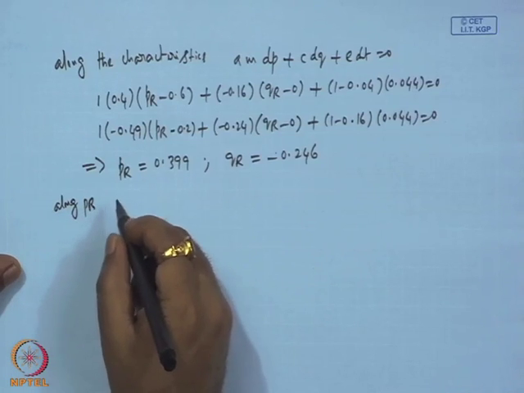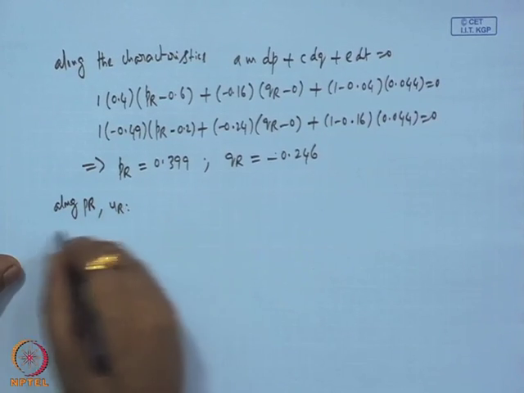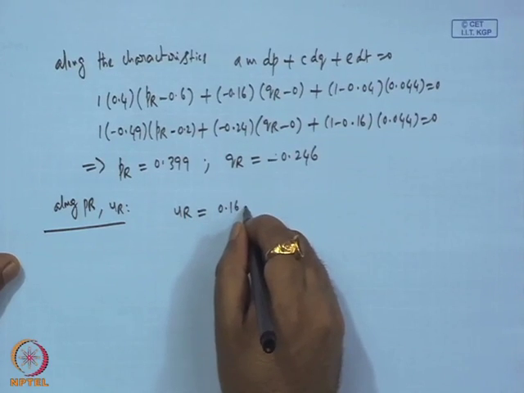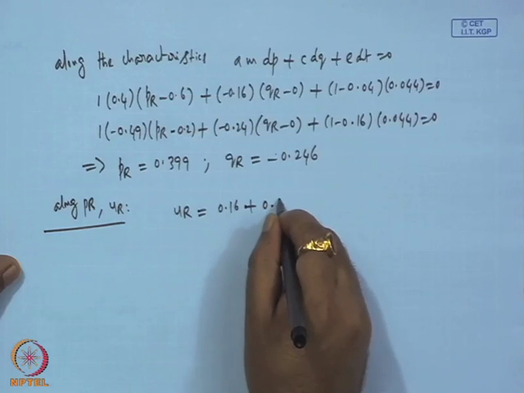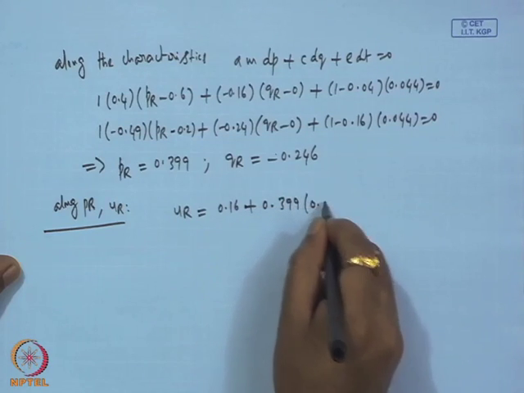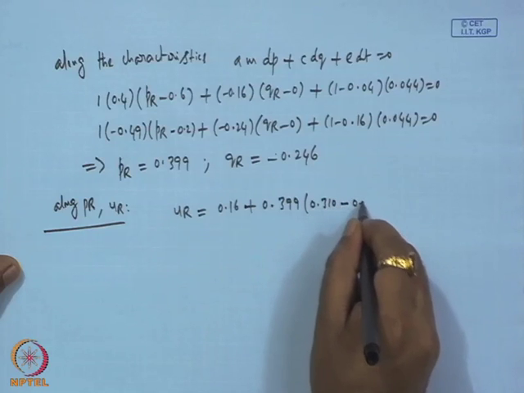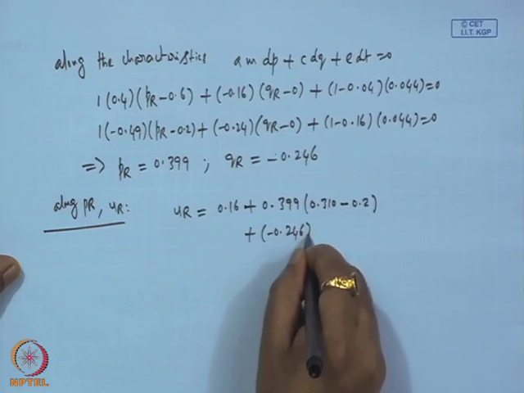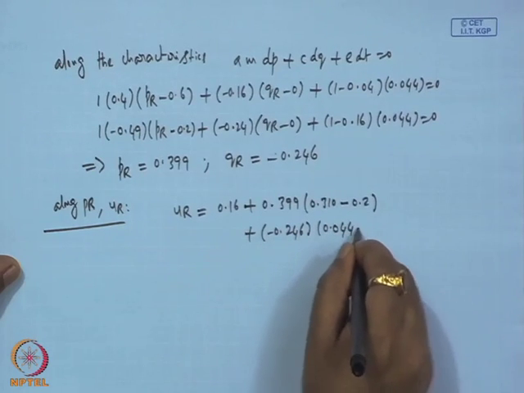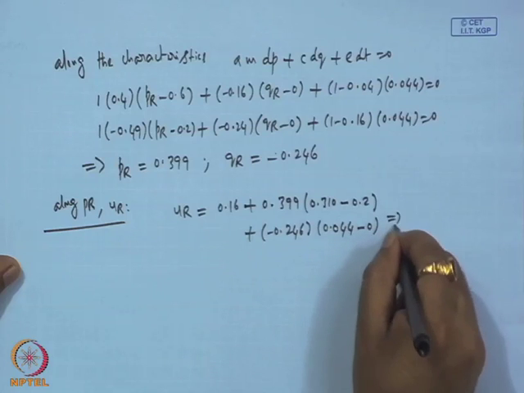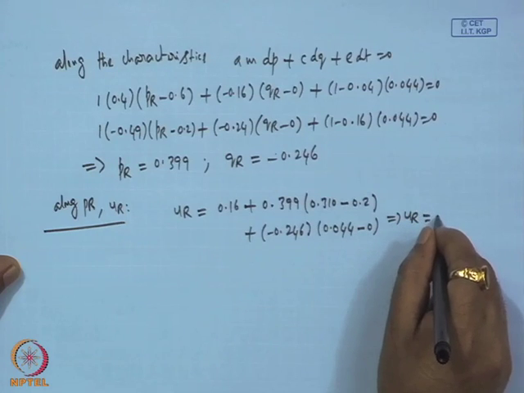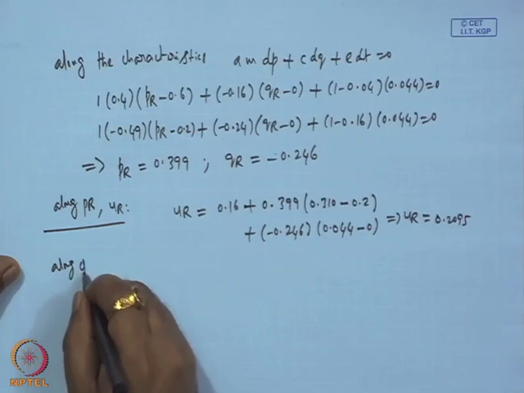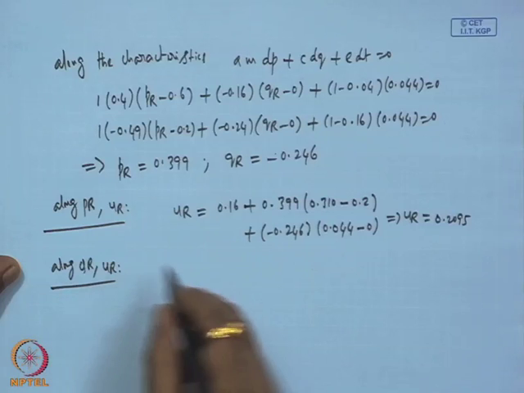So, now the next task is to obtain u r along P R. So, this will be u r equals 0.16, this is u p plus, so this implies u r equals 0. Along q r, u r.